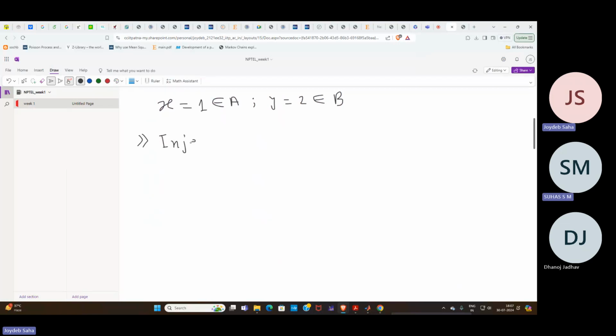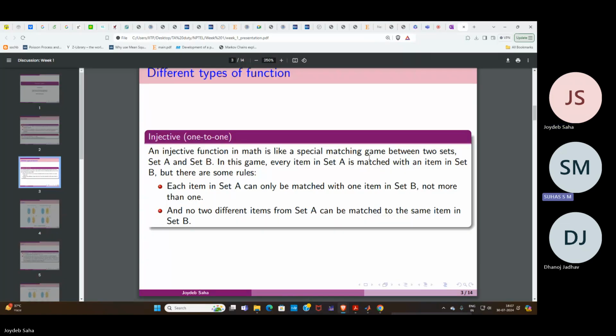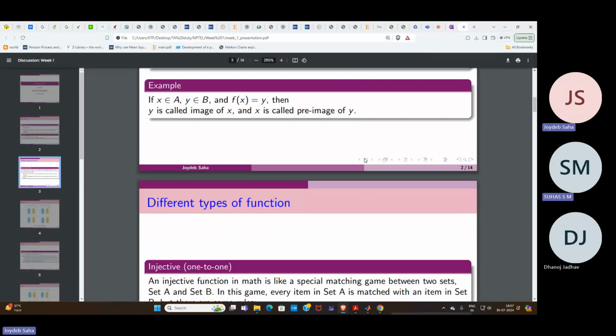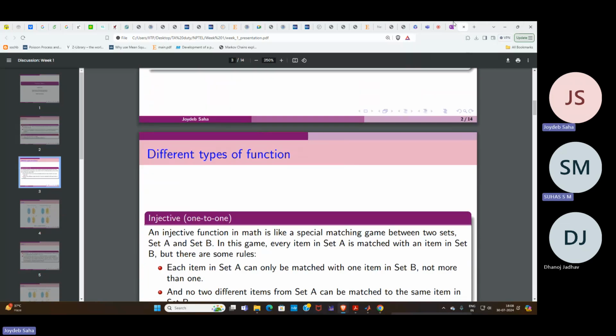I have a question. Can you please go to the previous slide? The 2x one, in OneNote.